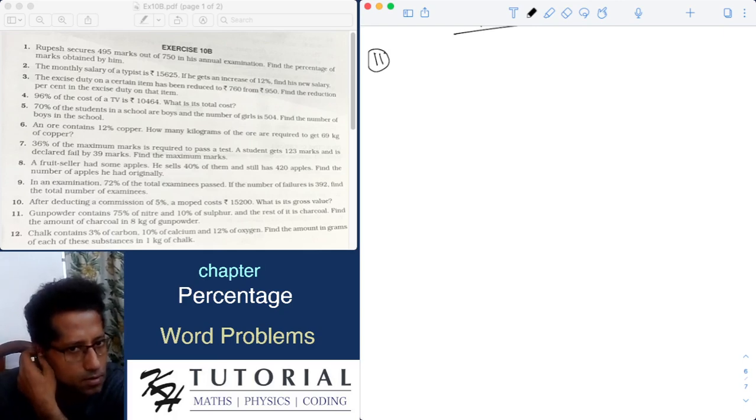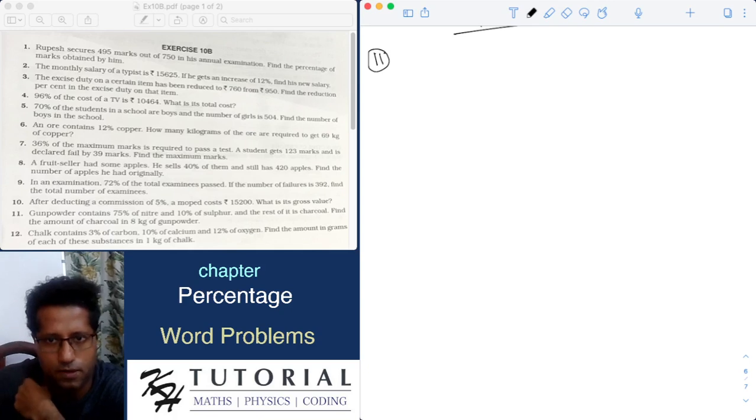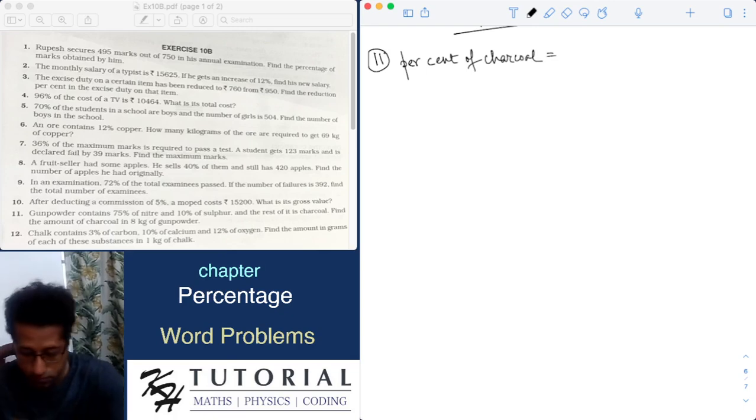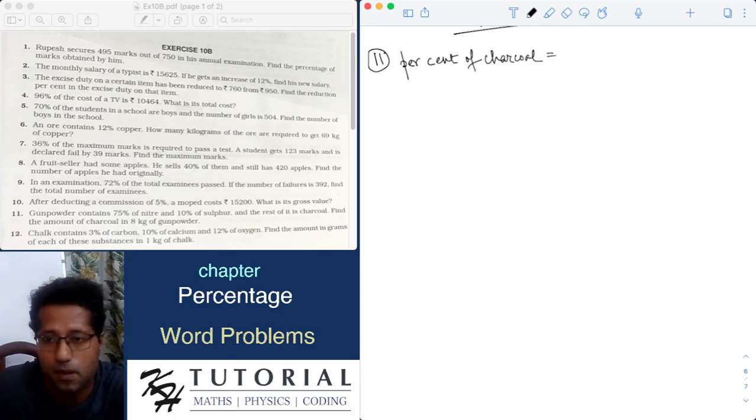Okay, so for the gunpowder, the percentage of niter is given as 75%, and the percentage of sulfur is 10%. It is saying that the rest is charcoal. So definitely the percent of charcoal will be 100 minus the total percentage of niter and sulfur, which is 75 plus 10.